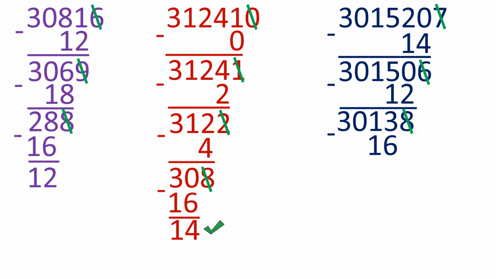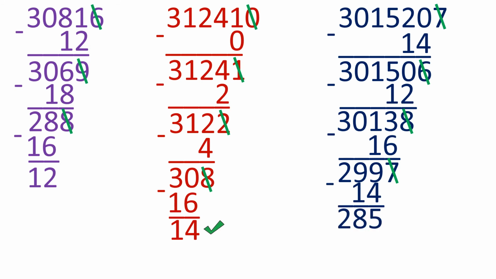Then take the difference, it will be 2,997. Take the last digit, multiply it by 2, so the difference is 285. Again, take the last digit, multiply it by 2, so it will be 10. 28 minus 10 is 18. And 18 is not divisible by 7. So that means 3,015,207 is not divisible by 7.